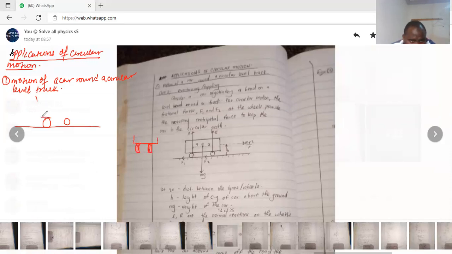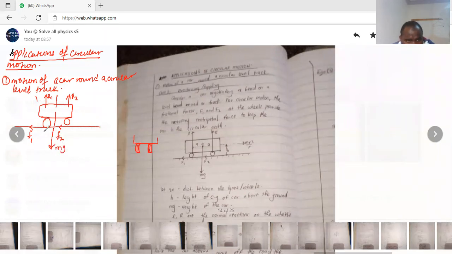So if those are the tires of the car, we can have a normal reaction R1 on the first tire, normal reaction R2 on the second tire. Then the first tire can have a friction F1, the second tire can have a friction F2. But this car also has its weight, which is mg.